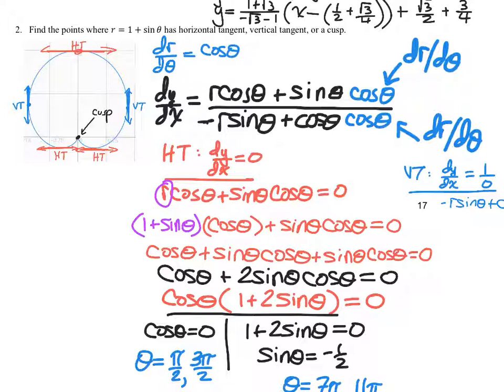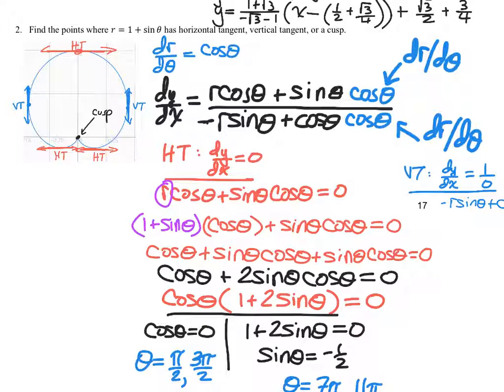So does sine of pi over 2 equal -1? No. Does sine of 3 pi over 2 equal -1? That. All right? So it wouldn't be any of these, right? Because we already know what these angles will give us for sine. It'll give us -1/2. So it's got to be one of these two.